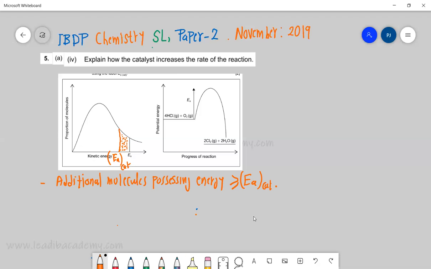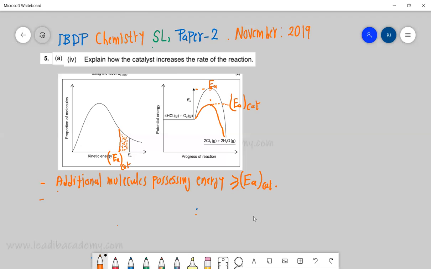If you want to explain using this potential energy, we have seen that it chooses the alternative reaction path having a catalyst activation energy lower than the original. This was the original, this is EA, and now it has been lowered.